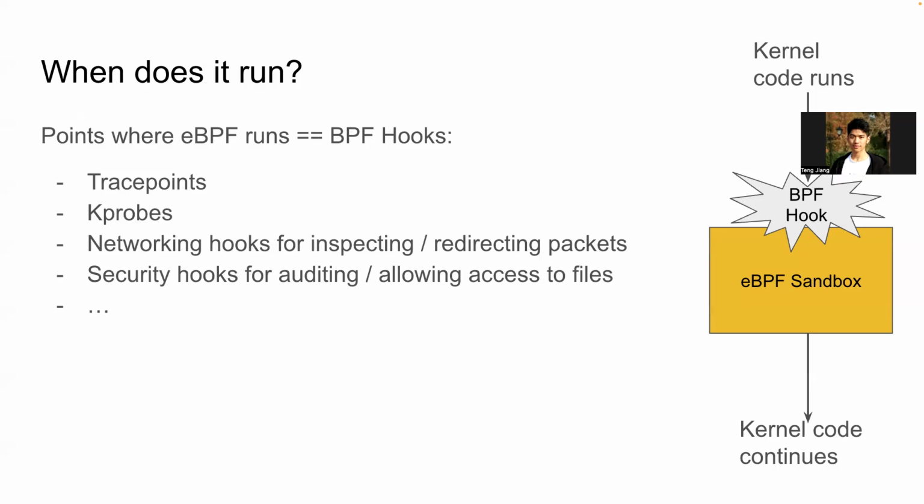So there are tons of different kinds of hooks: tracepoints, kprobes, uprobes, perf events, and so on. Security hooks, networking hooks. All these kinds of hooks have very different definition rules, and there are different things I need to care about.